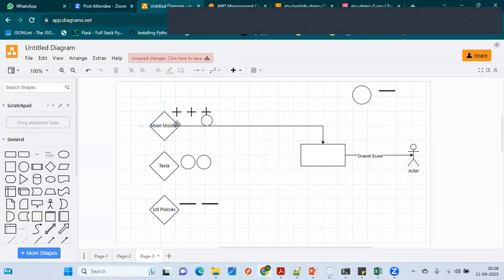Coming back here, if Elon Musk says, I am introducing a new model in Tesla and I want to take your opinions, and people are reacting neutral or positive, then Elon Musk for sure knows that people are loving this new model and we can release it, right? So this enables Elon Musk to take a meaningful business decision about what he was trying to launch. This is what data engineering does for Elon Musk.